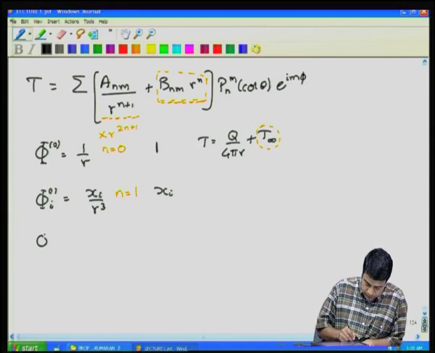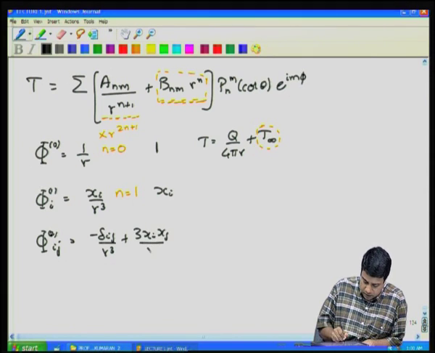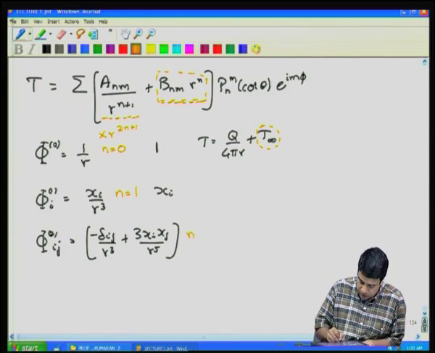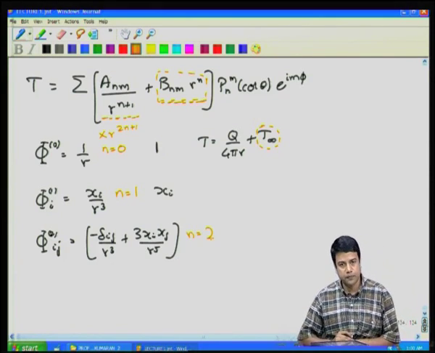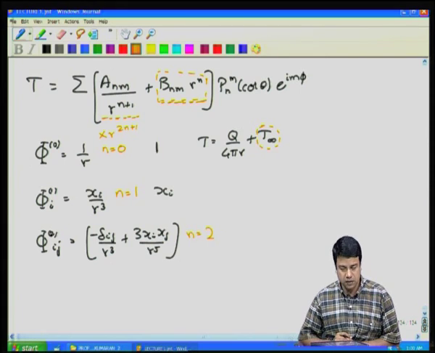The next higher solution is equal to minus delta ij by r cubed plus 3 xi xj by r power 5. This is for n equal to 2, it goes as 1 over r cubed. The growing solution I get by multiplying by r power 2n plus 1, which is r power 5.